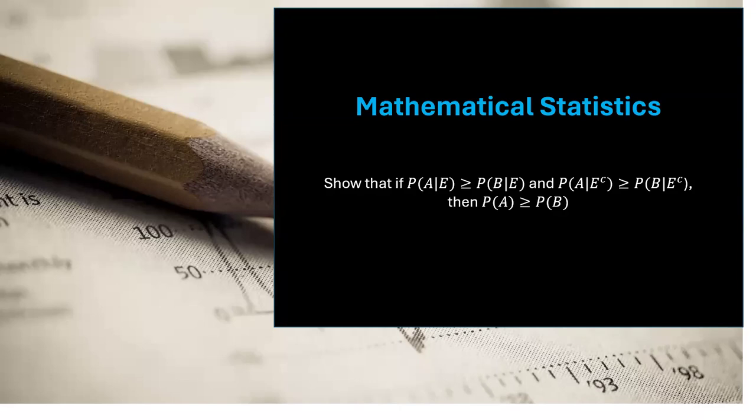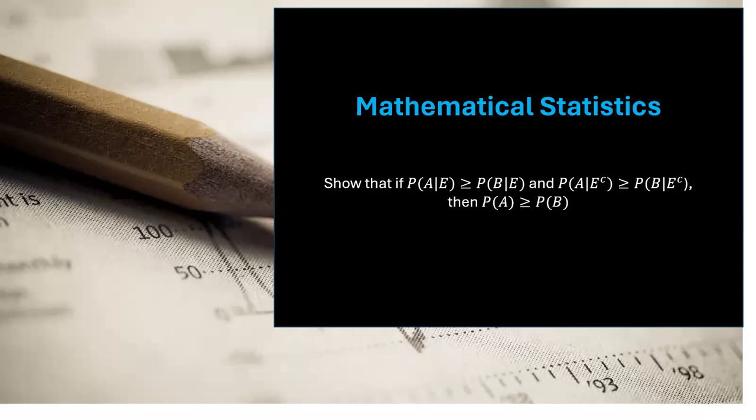So today we're going to work on conditional probabilities. For this problem, if you just look at it, it kind of makes intuitive sense. It tells you the probability of A given E is greater than the probability of B given E. At the same time, the probability of A given E complement is greater than the probability of B given E complement.